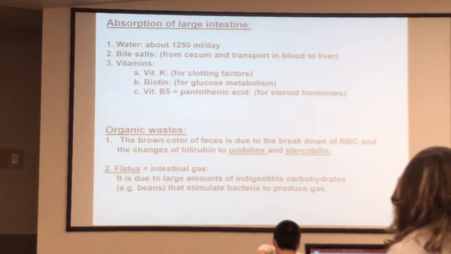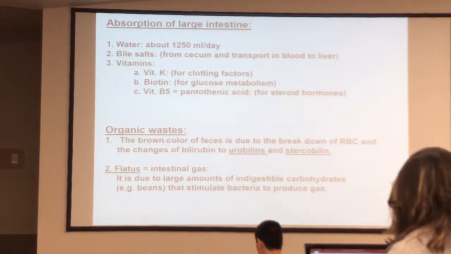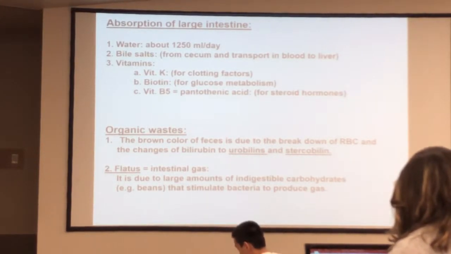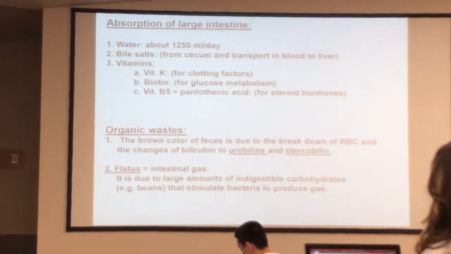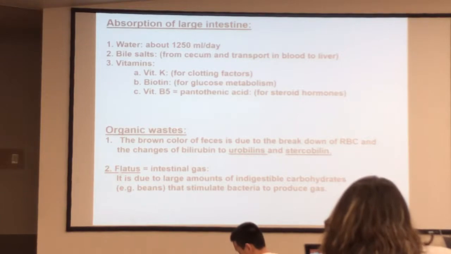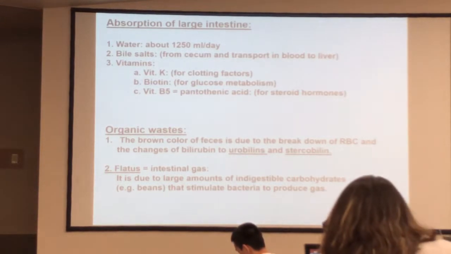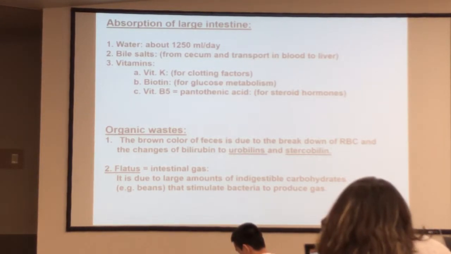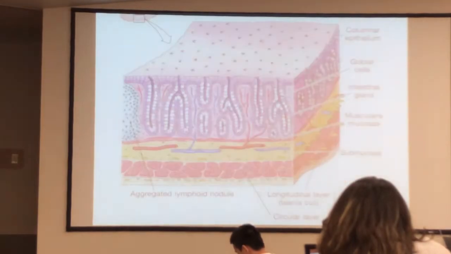The organic waste, including the brown color, is from bilirubin, and it is changed into these two compounds. Don't worry about it. It also produces gas, which we call flatus in medical terms. From vegetables or beans, they produce a lot of gas.